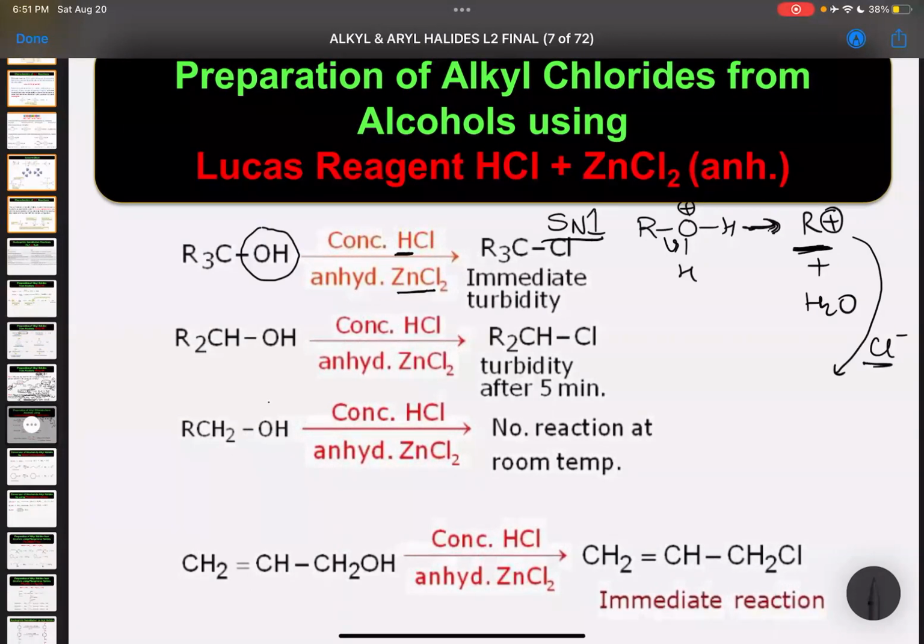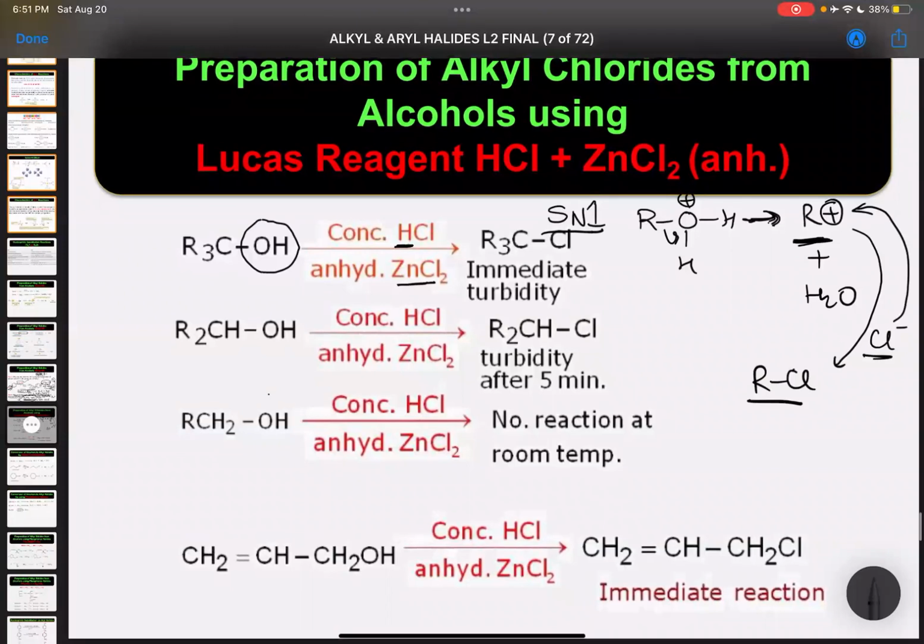The subsequent step, which is already a fast step, the attachment of Cl minus giving you the R, can also happen very quickly. The main hurdle, the main difficult step, is the separation of water and the formation of the cation. If the cation is very stable, it can form very quickly, and the subsequent reaction will also happen very easily. So in tertiary alcohol it happens very quickly. It is the fastest.